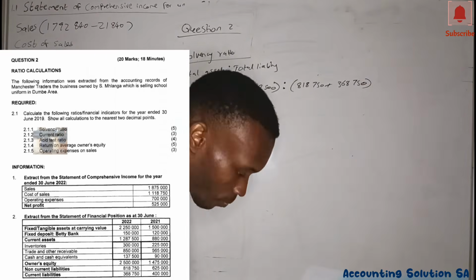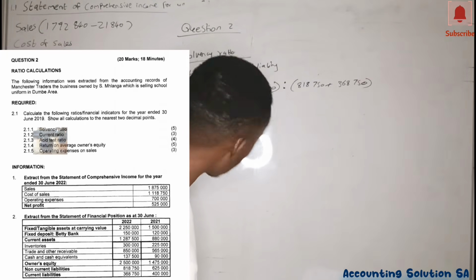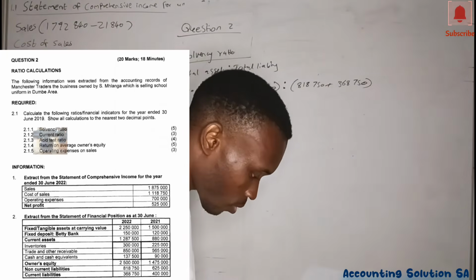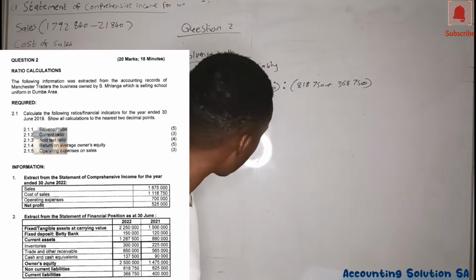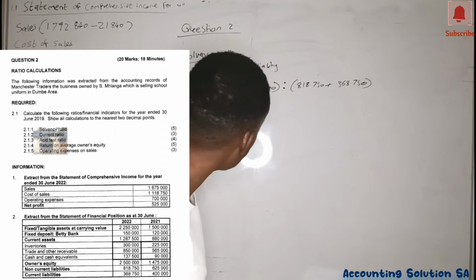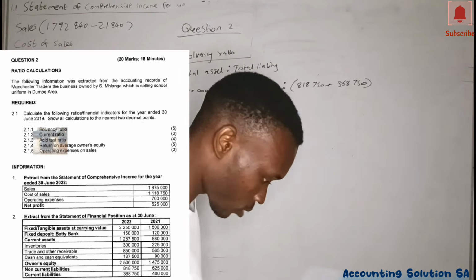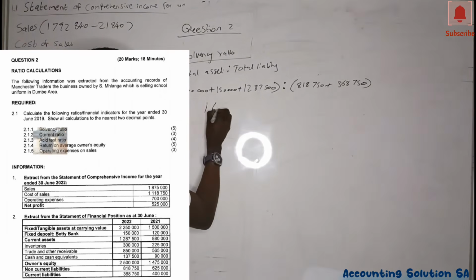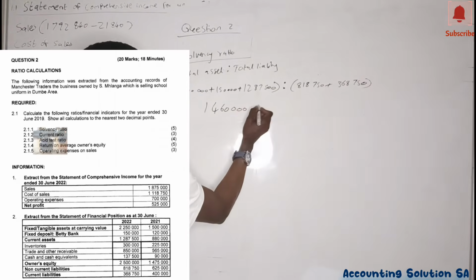Let's add them together. Let's start with the total asset side, 2,500 plus 150,000, plus 128,700. Then it's going to give us 1,460,000.